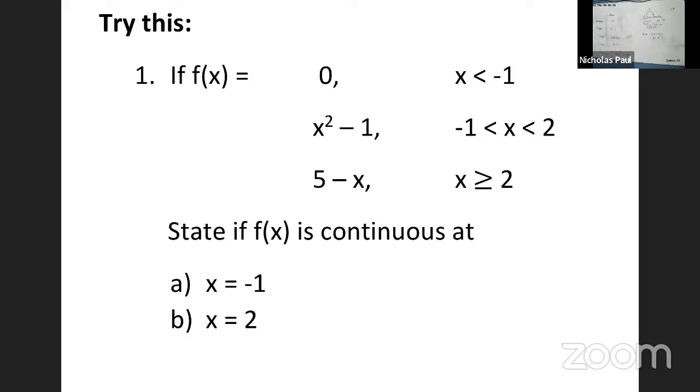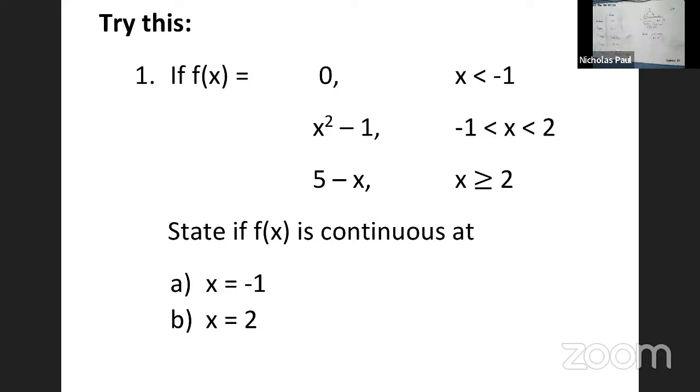It's a little bit harder to sketch. Between -1 and 2, be careful. Without even sketching it, can anybody tell me if it's continuous at x equal to -1? Let me see if anybody catches on already. Look at the function. Is it continuous without even sketching it and working it out?